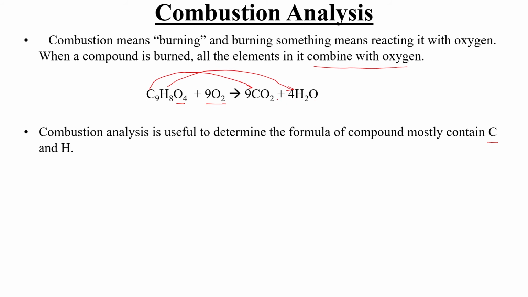If we trap these two products and find the grams of carbon dioxide and grams of water, we can convert the grams of carbon dioxide to moles of carbon dioxide, and from moles of carbon dioxide, we can find moles of carbon. And all these moles of carbon actually came from this compound, right?